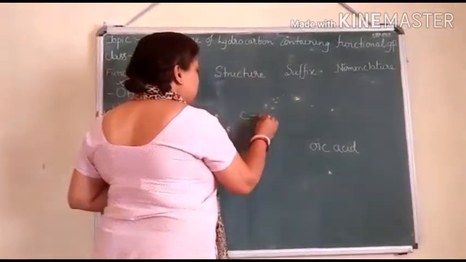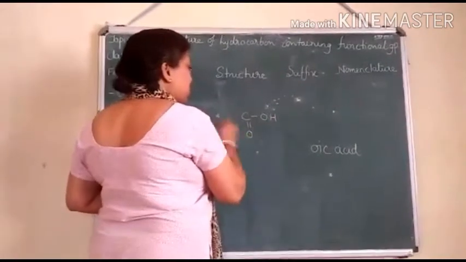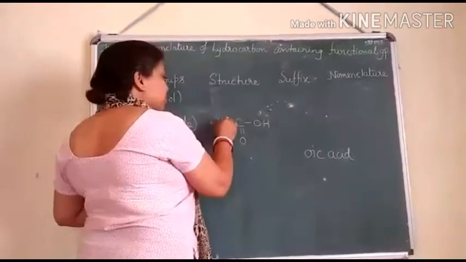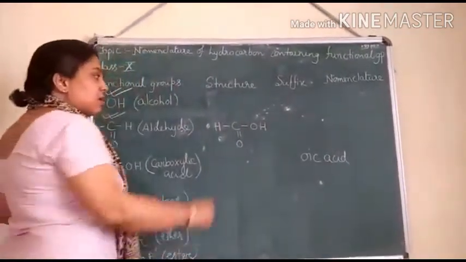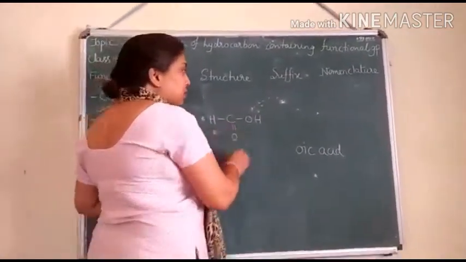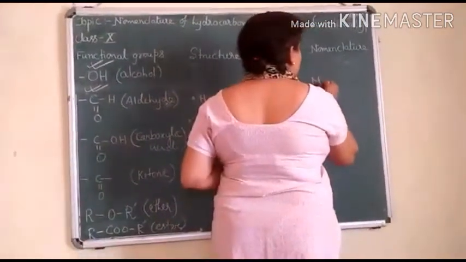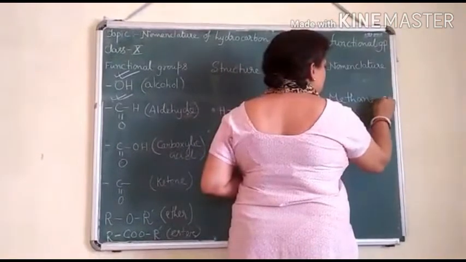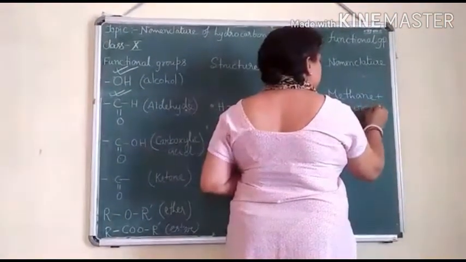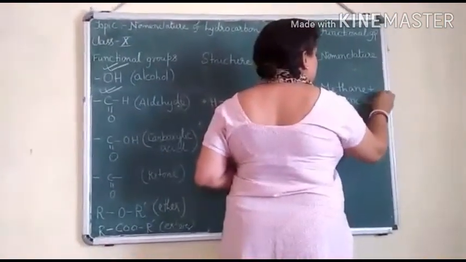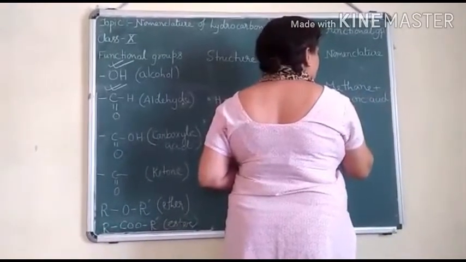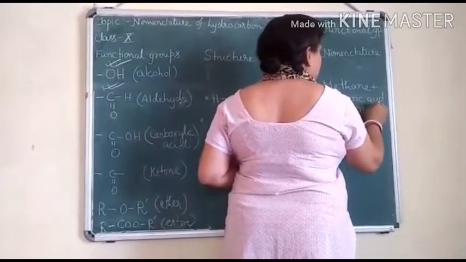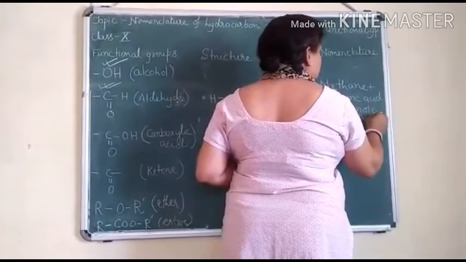C double bond O, OH is the functional group. In the functional group the carbon is already there, so you have to satisfy the remaining bond with H. As it is 1 carbon, the name will be methanoic acid. Methane, the E dropped, plus oic acid. So it is methanoic acid.